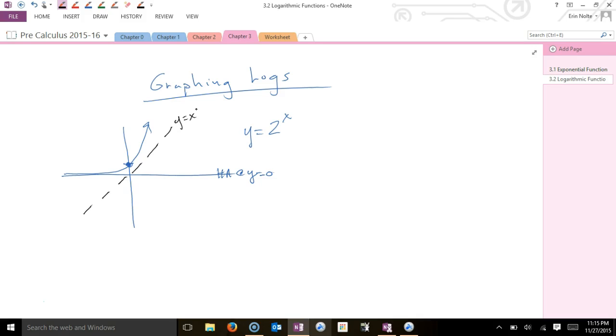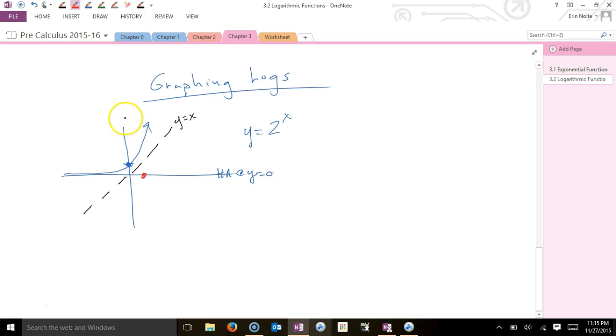What is it going to look like? What does a log function look like? So you see that reference point that I drew? The y-intercept? Where is it now going to become? Yeah. So we're going to now have that reference point exist exactly on the x-axis.